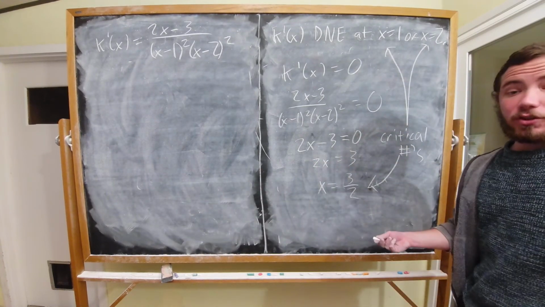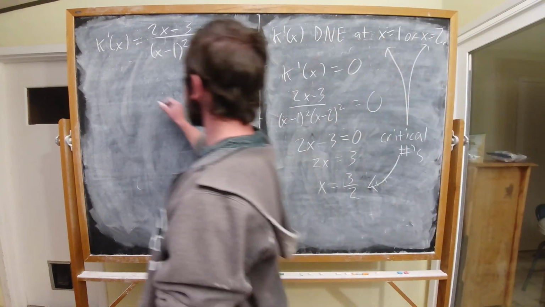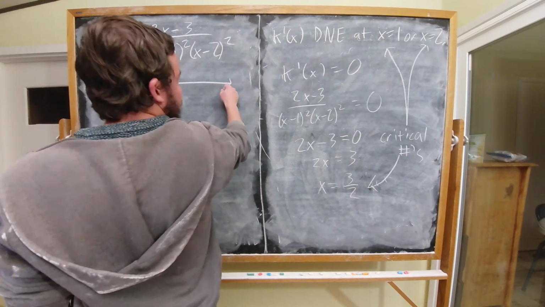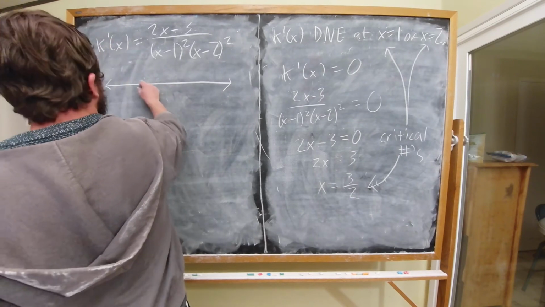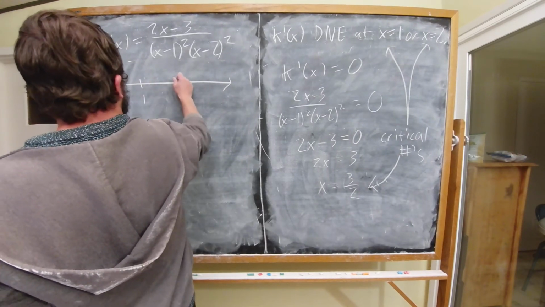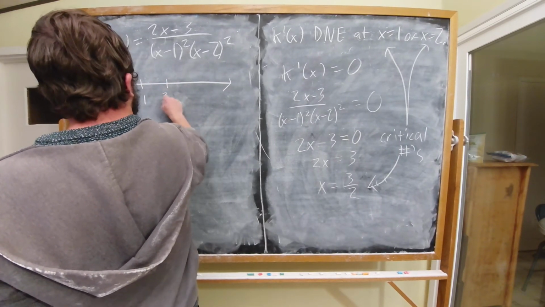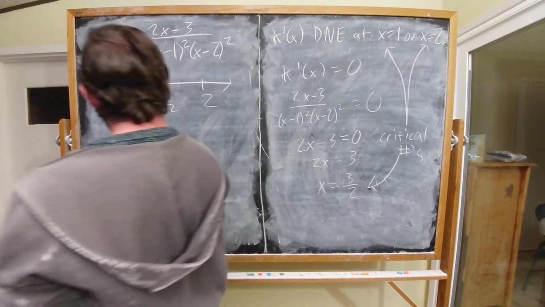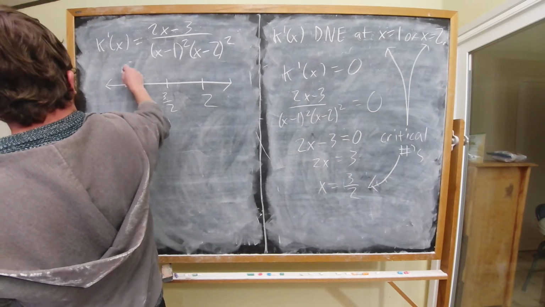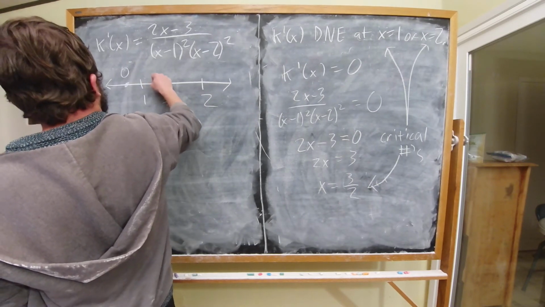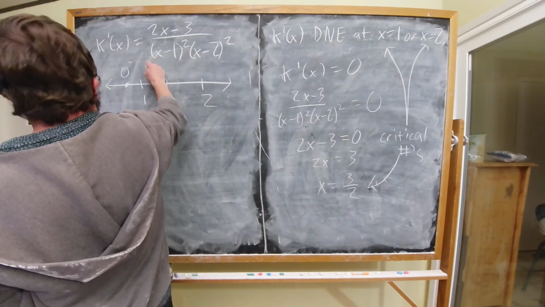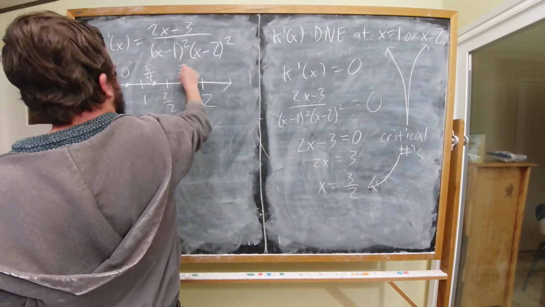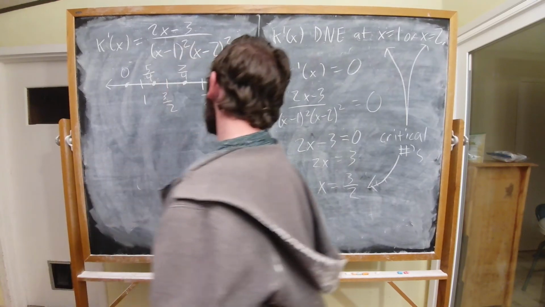Alright, draw a number line, put the critical points on it. So we have critical points at 1, 3 halves, and 2. Alright, for my test points, I will choose 0, a point between 1 and 3 halves, 5 fourths, and 7 fourths.